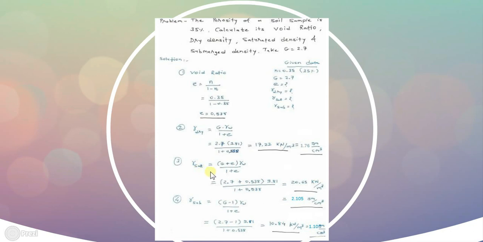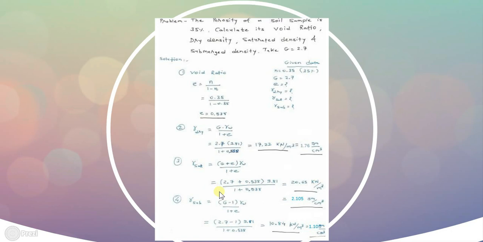Gamma saturated, because I want saturated density. Same way, I'll find saturated unit weight and then convert it into saturated density by putting the formula G plus E into gamma W upon 1 plus E. We have G, E and gamma W taken as 9.81 kilonewton per meter cube.